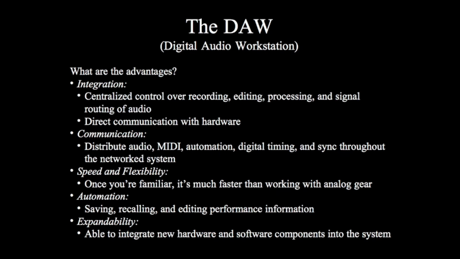You can also draw the shape of that fade. You can edit the shape of that fade. And this type of automation, this type of changing parameters as time progresses, is really unique to the digital audio workstation in comparison with the analog recording studio.